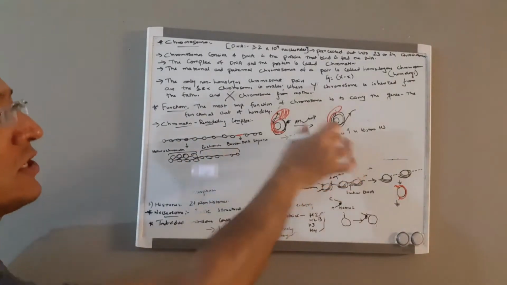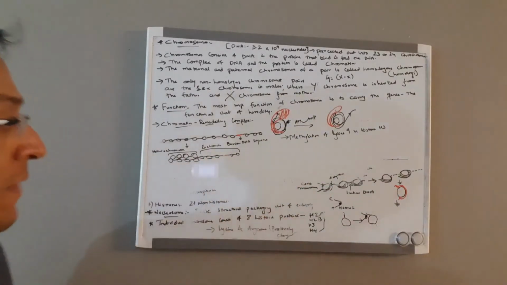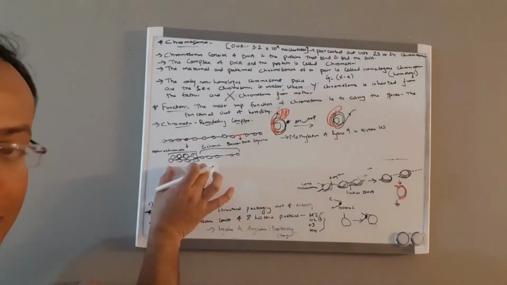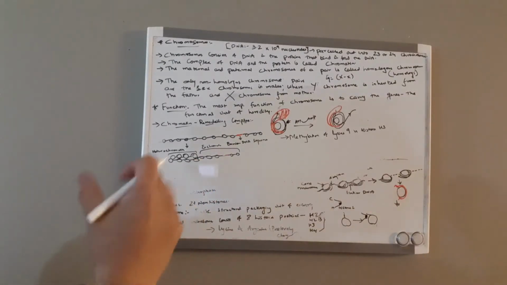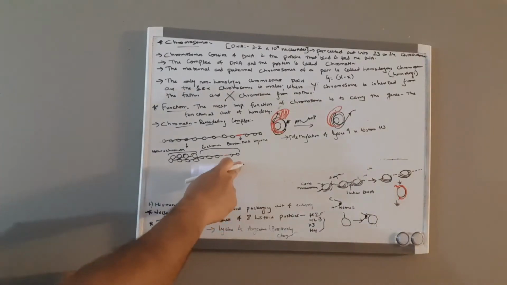So this methylation of lysine 9, this is just an example, starts the heterochromatin. Once the heterochromatin is established, it can spread to other nucleosomes. Why?